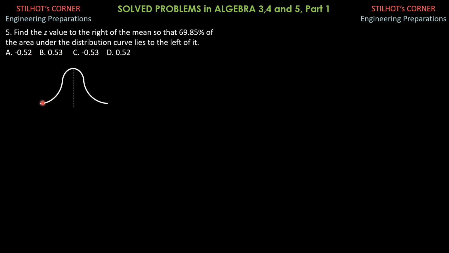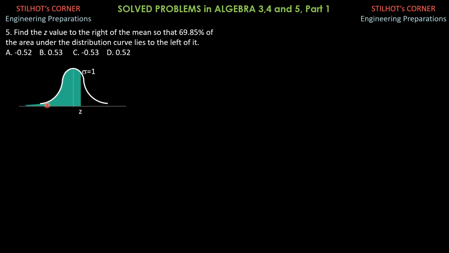So this is the guide, the drawing. That's the standard deviation, which is equal to 1 for this standard normal distribution. And this is the area. The total area here is 0.6985. And that's the z-score.